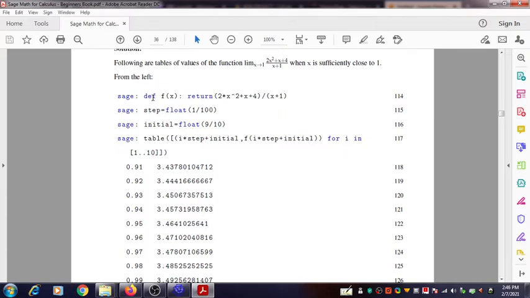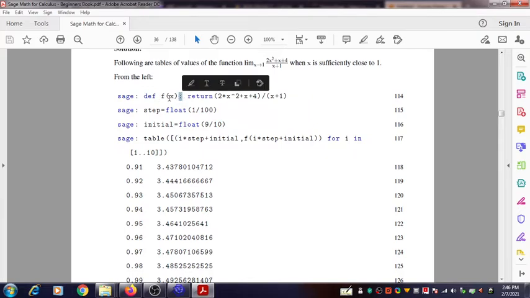See, the first step is a definition step, in which we define a function. def is used, and that stands for definition of a function. It's a keyword. The def keyword tells the Sagemath system that we are going to define a function having the name f of x. f of x is the function name, and then you put the colon.